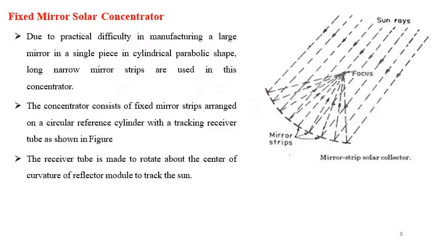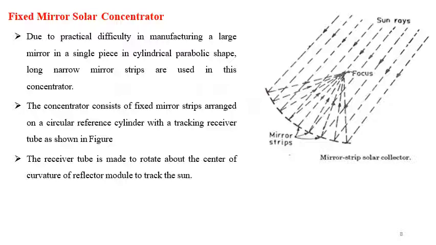The angles of the mirrors must be adjusted to allow for changes in the sun's elevation, while the focal line or the collector pipe remains in a fixed position.